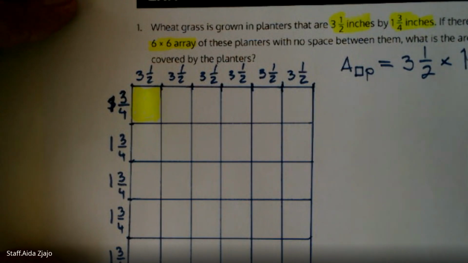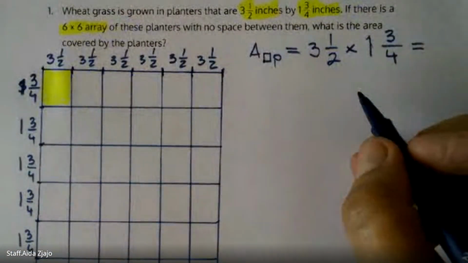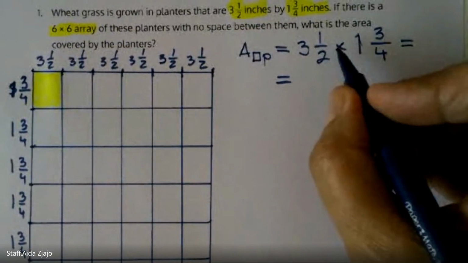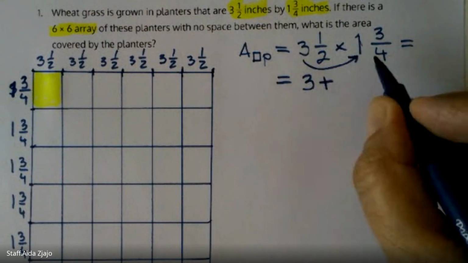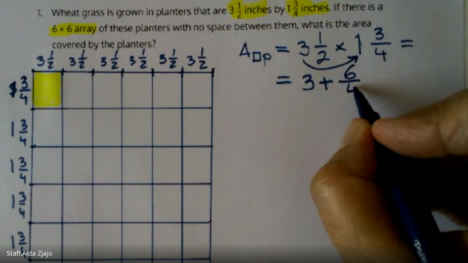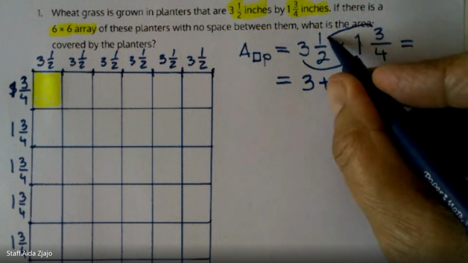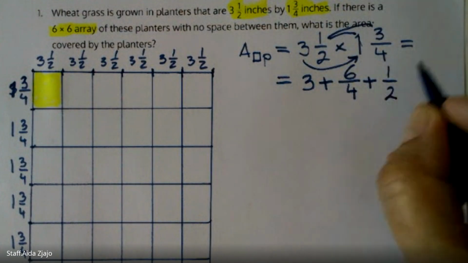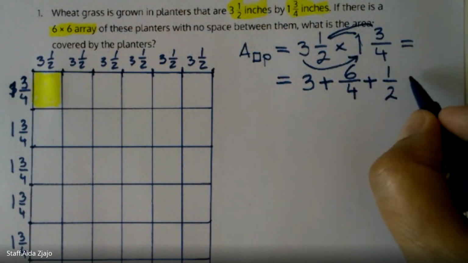We can use the distributive property. 3 times 1 is 3, plus 3 times 3/4 is 6/4, plus 1/2 times 1 is 1/2, and 1/2 times 3/4 is 3/8.